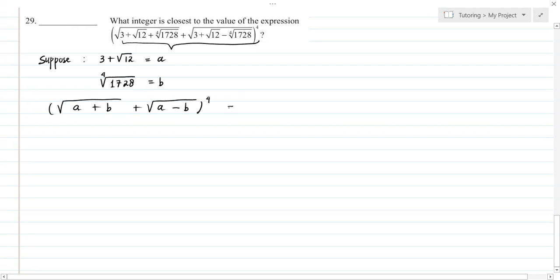Then I can write it as root of A plus B plus root of A minus B, squared, power 2.